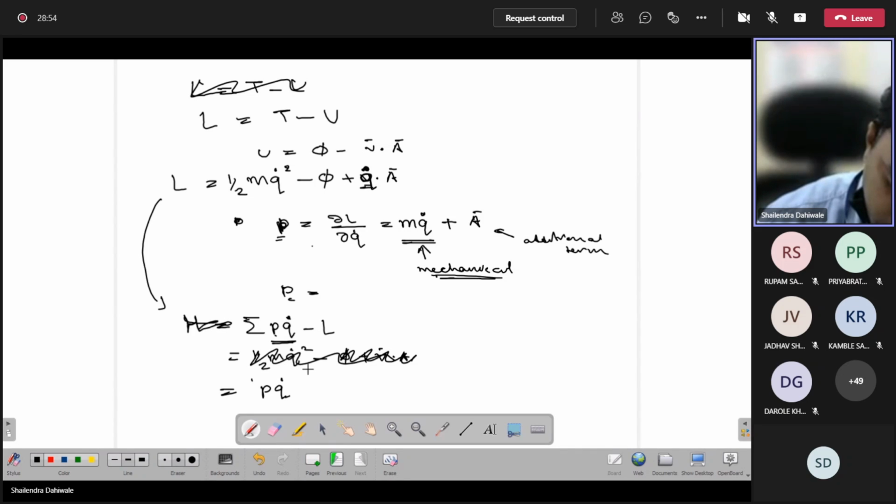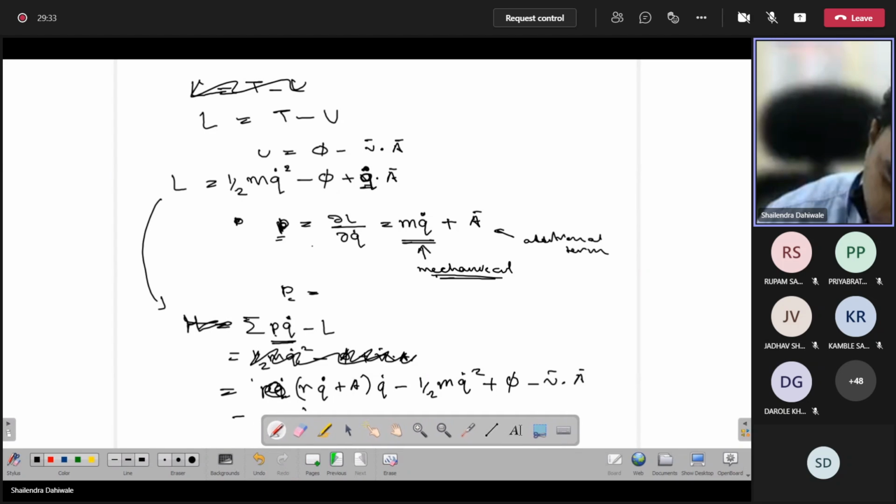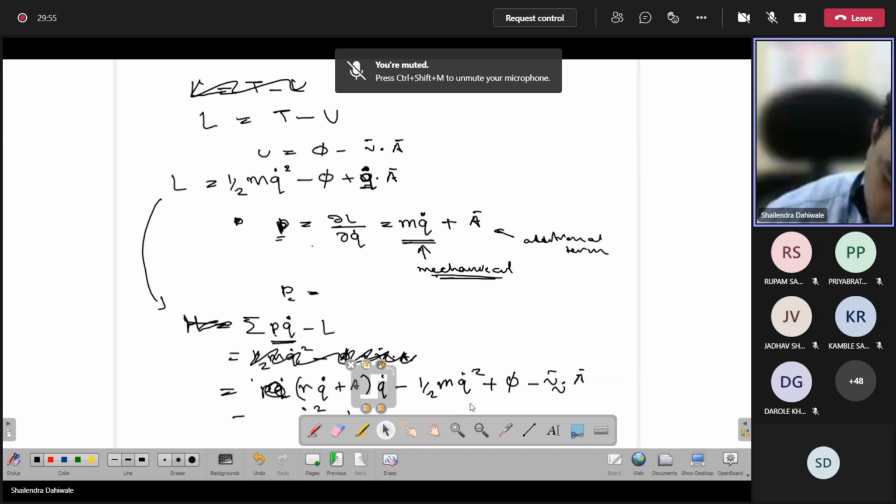And the canonical momentum I have written as P equals mq dot plus qA, minus half m q dot square plus phi minus q V dot A. So this will give you mq dot square minus half mq dot square plus q A dot q dot, and this will get cancelled.